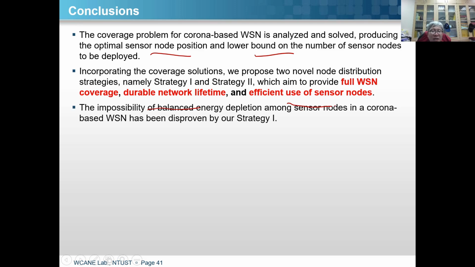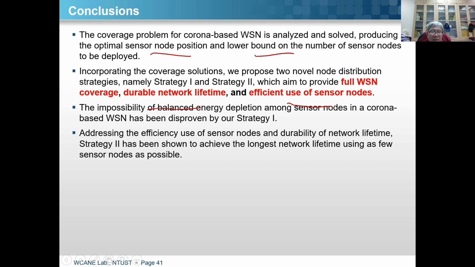And of course, we make sure it is possible to have balanced energy depletion, which is the design of strategy 1. And using strategy 2, we can have longer network lifetime and also efficient use of sensor nodes.